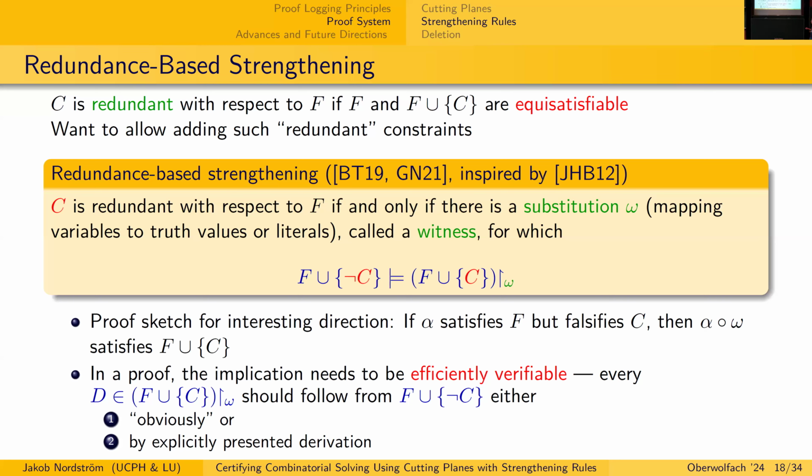And then I have to be able to verify for every constraint in here that it actually follows from here. And in the actual version of the proof system that we use, we allow you to give derivations. Why not? Even the version where you just say every constraint in here should be a weakening of some constraint in here is essentially, I think, for practical purposes, pretty close already.